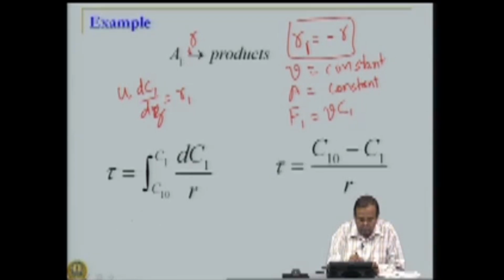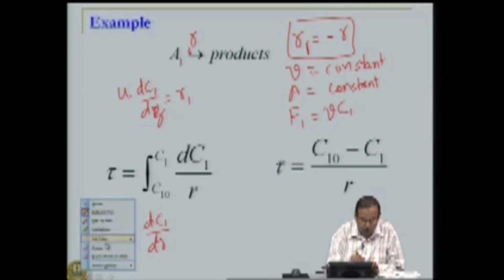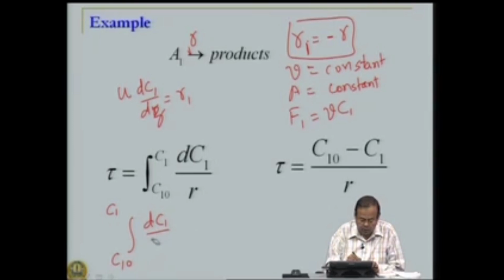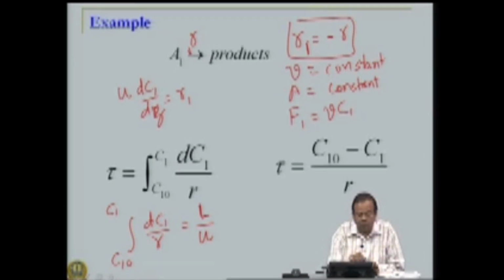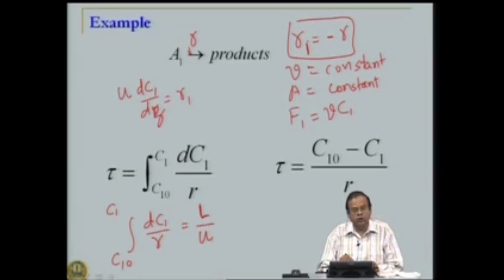If we rearrange this, we will get the integral from C10 to C1 of 1 over r dC1 equal to L by U. L is the length of our tubular reactor, U is the superficial velocity.